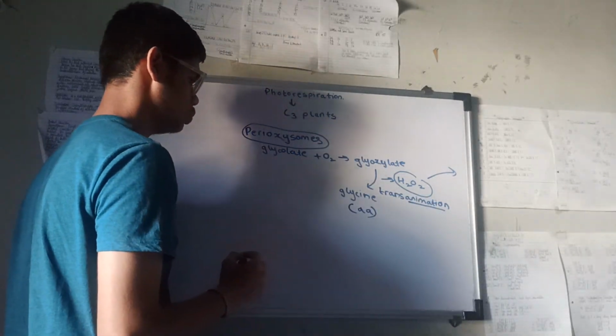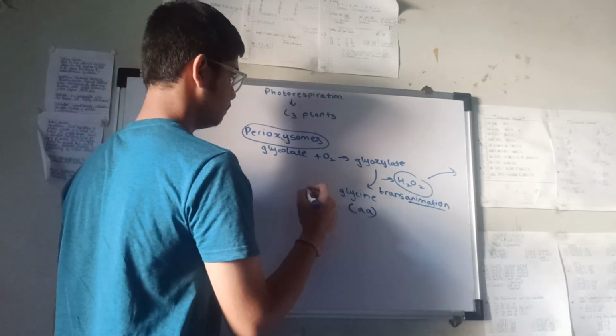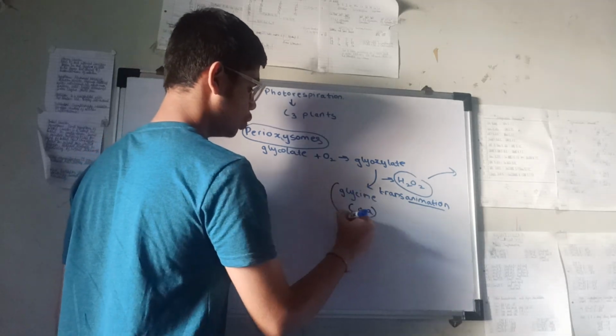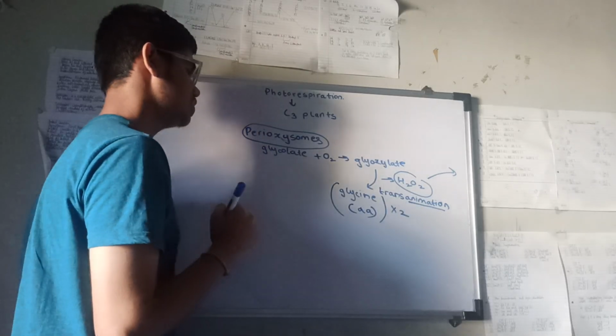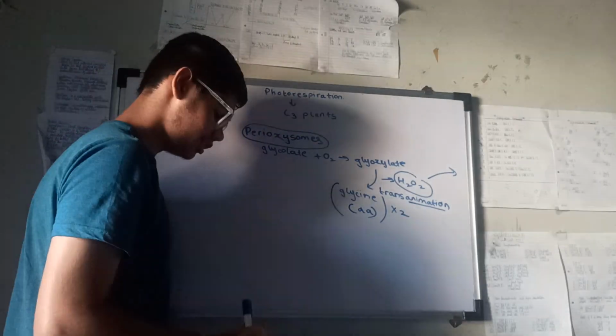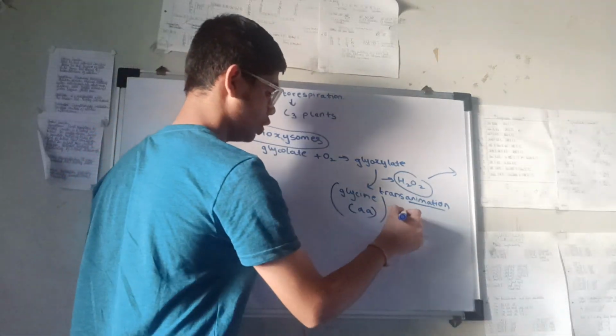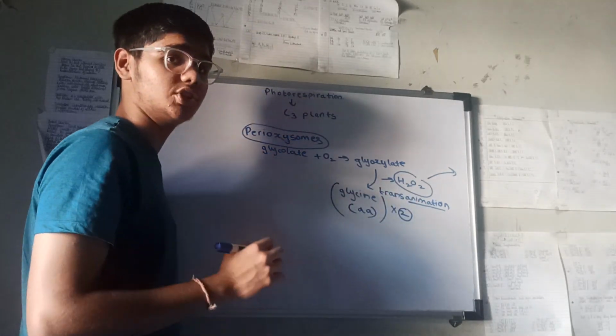So glycine is produced. Now remember that we have to use the cycle from chloroplast and peroxisome twice because we need 2 glycine in the next step.